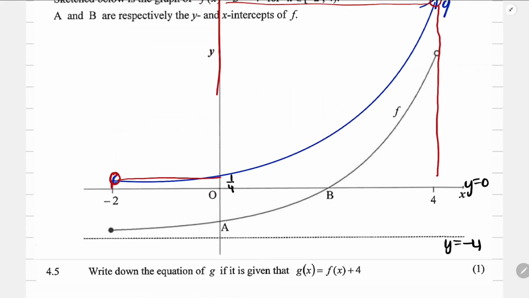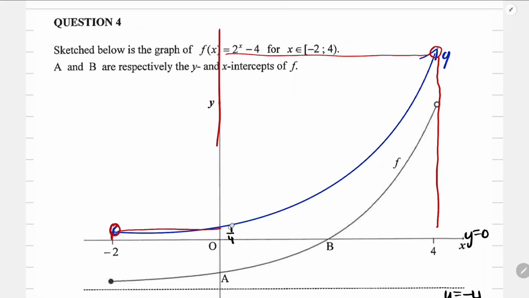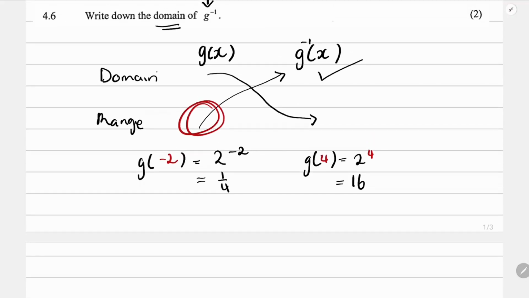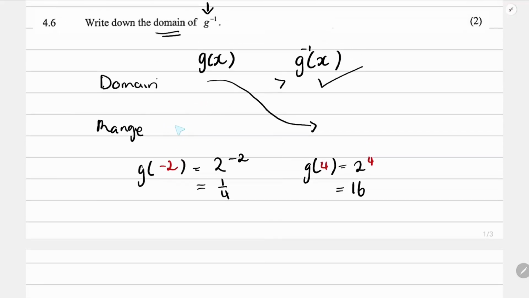So it means that this graph is starting at 1/4, and then it stops at 16 and doesn't go anything beyond that. That is going to be the range. So the range here is y is an element of, now it starts exactly at 1/4, but then it's nothing more than 16. So it's not exactly 16, but it's just less than 16. So it looks like that.